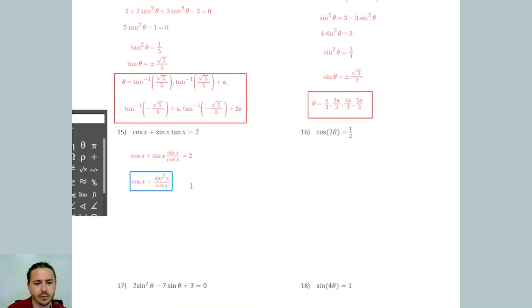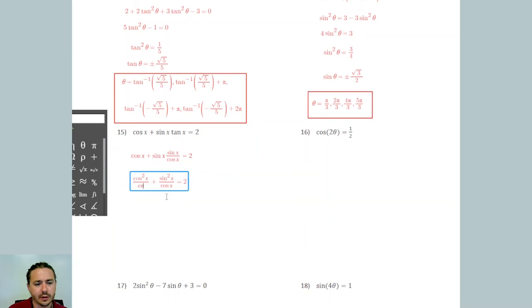Okay, so basically I just multiplied those two functions together. And then I do want a common denominator so that I can actually add these two terms together. So this needs to be over cosine. I'm going to multiply this one by cosine over cosine, which gives me cosine squared x over cosine.